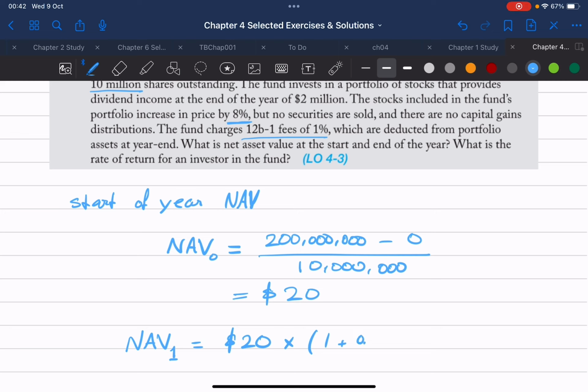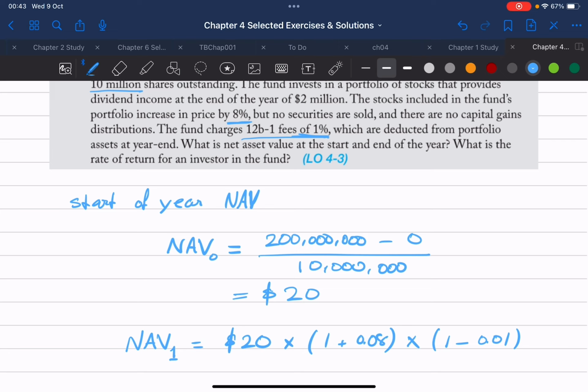But let's represent it in a decimal format. Okay, so we can calculate this way: the $20 multiplied by 1.08, which will reflect the increase in price of the fund's holdings. Okay, and then also multiply by 1 minus the fees. Okay, which if we rewrite 1% in decimal format, it's going to be 0.01.